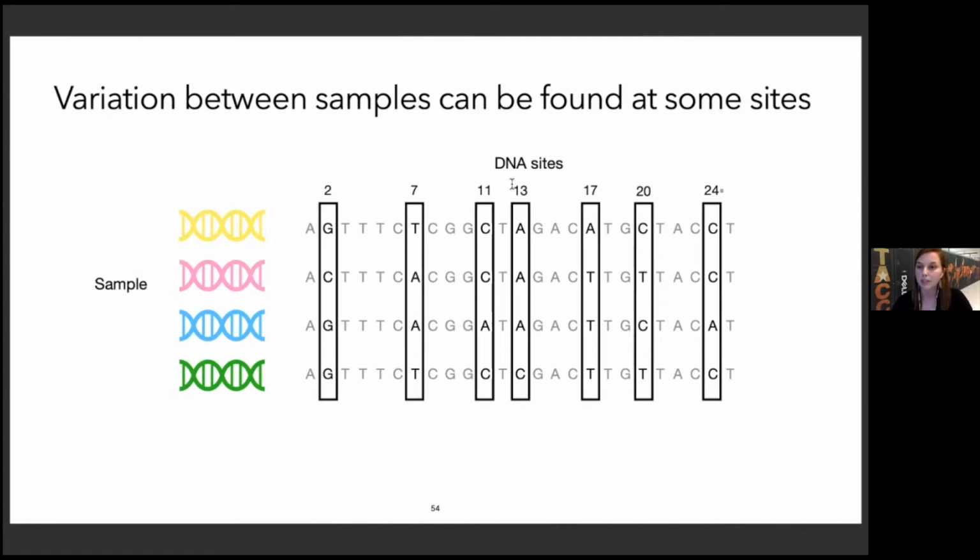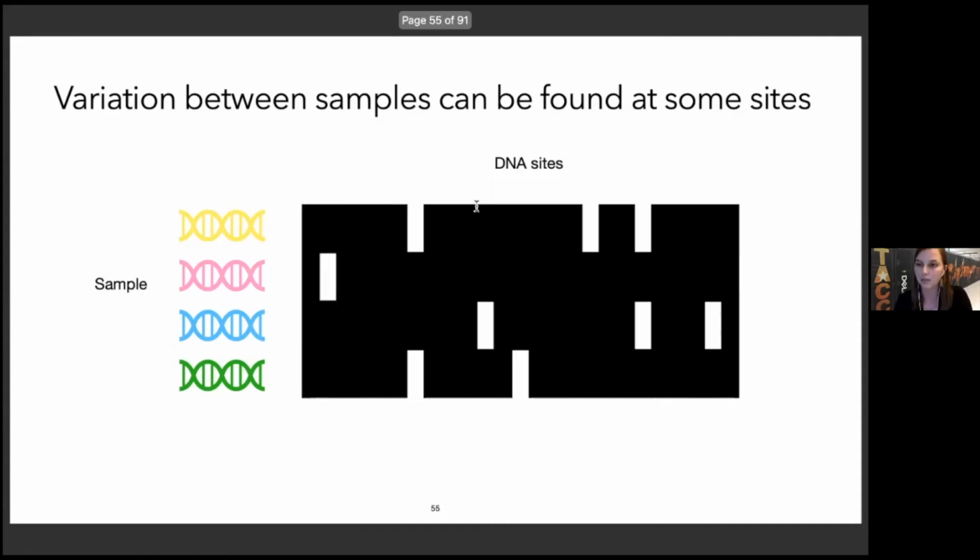But at some sites, we have variation, and perhaps there will be 2 different letters there. So for example, for site 2, we have one individual in this population has a C while the others have G, and so on and so forth. And so this variation is really where we're getting our information about the population.